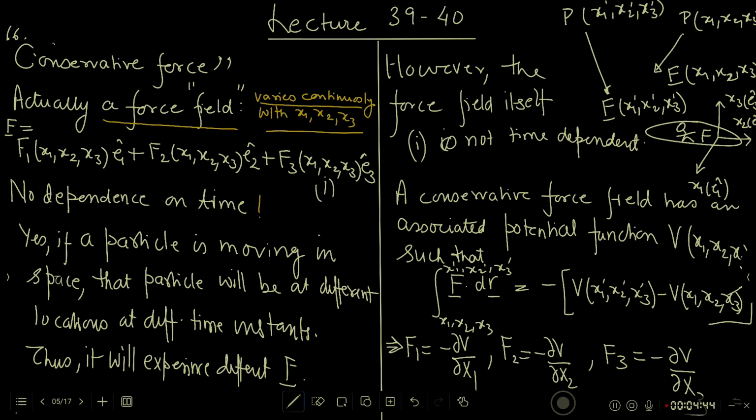So if this screen is our space, if you go to this point which has coordinates x1, x2 and x3, this conservative force field is such that at this point there is a force acting with a magnitude and direction as specified here. But if you go to another location in space, the same force field will change its magnitude and direction to something else, shown here by this arrow.